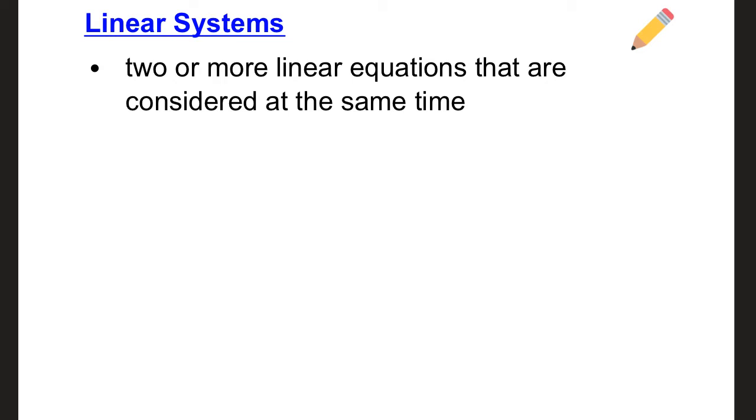Now, if you think back to our analytic geometry unit, we were solving linear systems in order to find the point of intersection between two lines. We can use the same method for solving other problems where we're not necessarily graphing the lines, but basically you just have to remember a linear system is two or more linear equations that are considered at the same time.